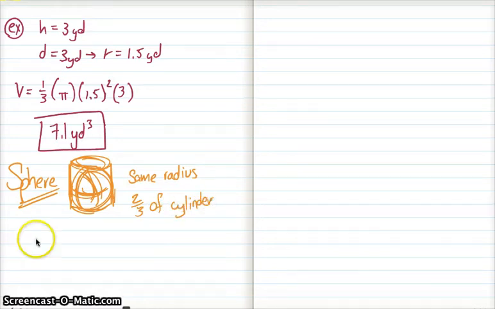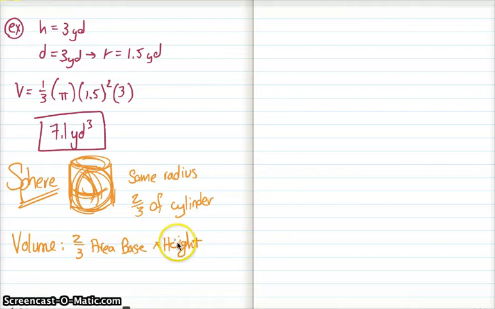And let's go ahead and show how we can write the volume formula for a sphere. This is kind of cool. So we know that it's 2/3 the area of the base times the height. Okay.